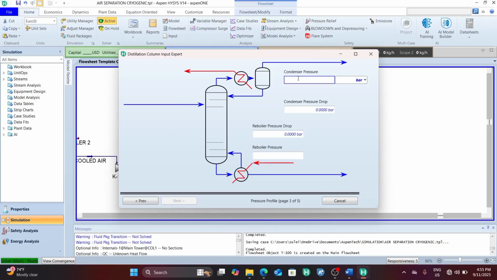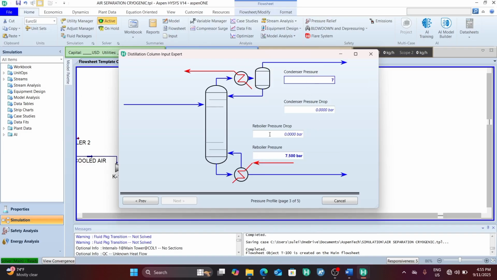Next, for our condenser pressure, we expect the reboiler pressure to be higher than the condenser pressure, to avoid reverse flow. So we could just label this as 7.5. We label this as 7.